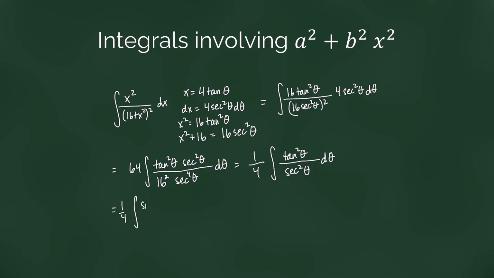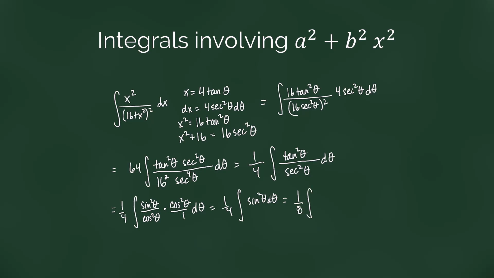We're going to use some trig substitutions to simplify this a little bit. Tangent squared is equal to sine squared over cosine squared, and secant squared is 1 over cosine squared. Since we're dividing by it, we can multiply by its reciprocal, and we see now that our integrand actually simplifies to be sine squared of theta d theta.